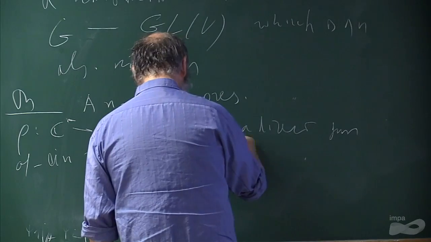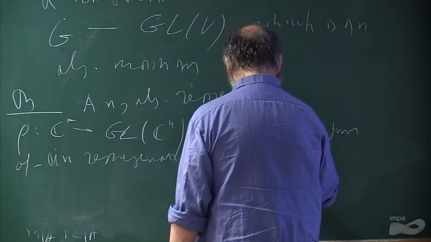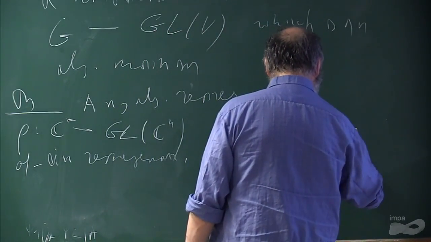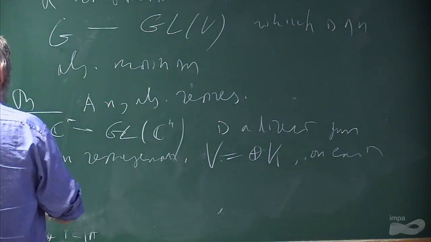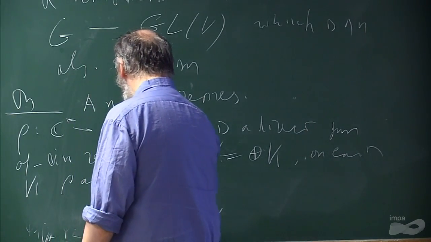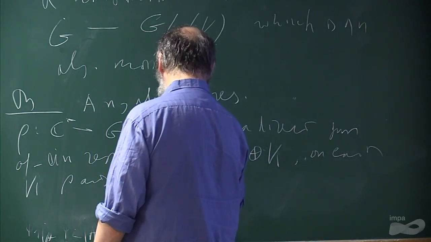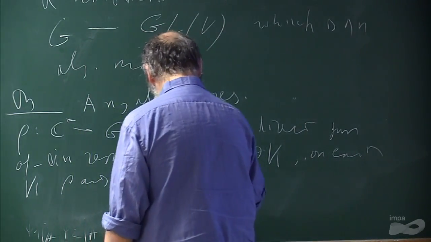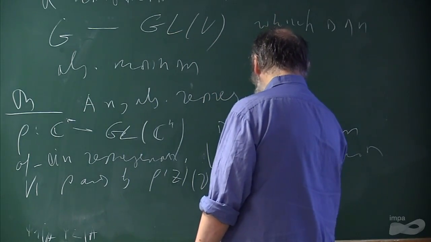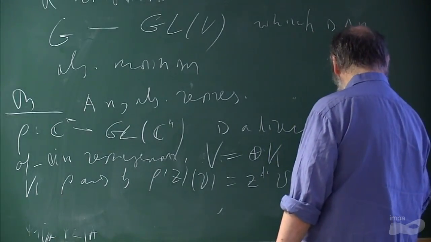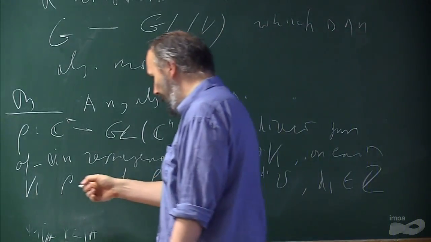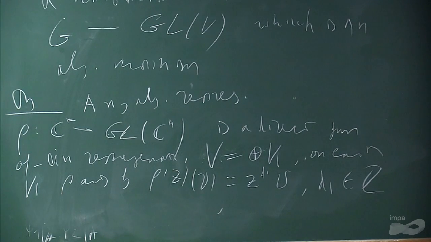So V is a direct sum of V_i, and on each V_i, rho acts by rho of z applied to v is z to the power d_i times v, where d_i is an integer, which of course depends on V_i, but doesn't depend on v or on z.